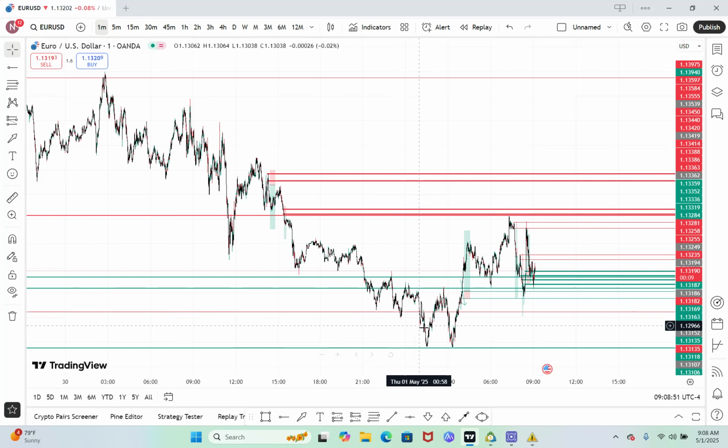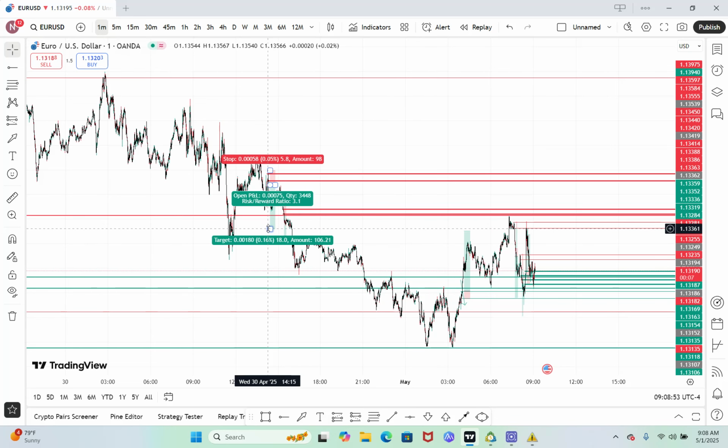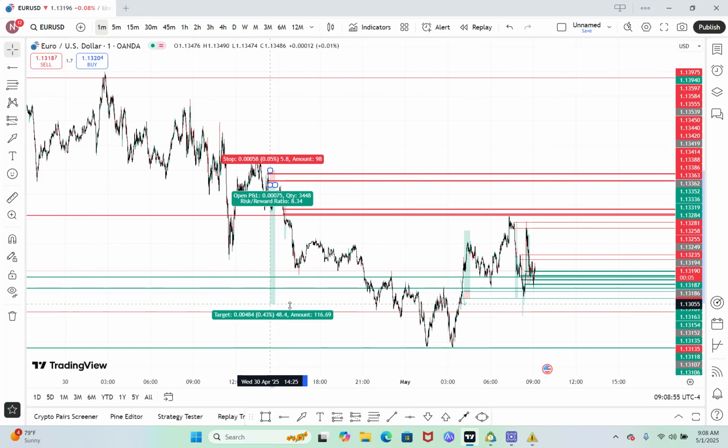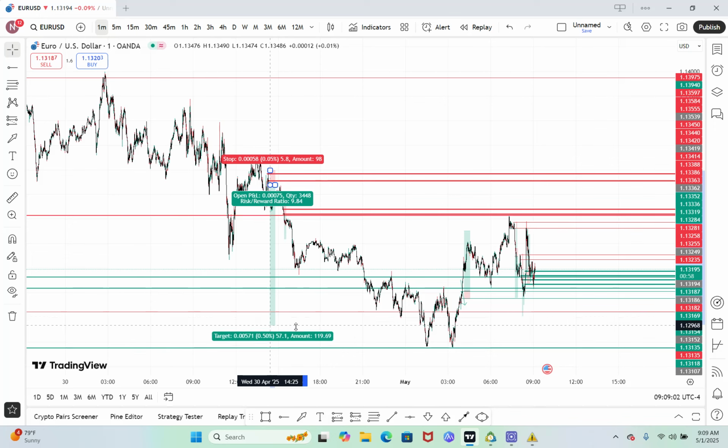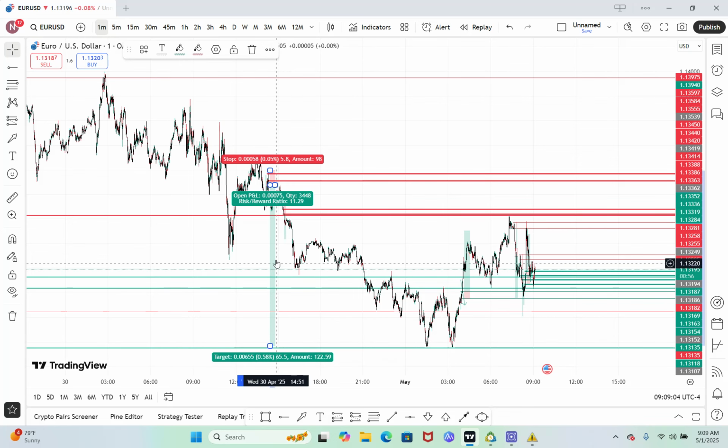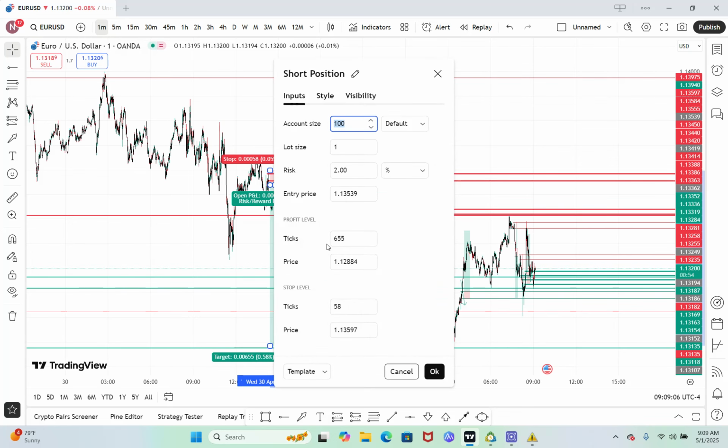So if we want, we can risk 1 to 5. We can come out right in front of this structure right here. Look, let me show you the profit margin. 655 pip profit margin.